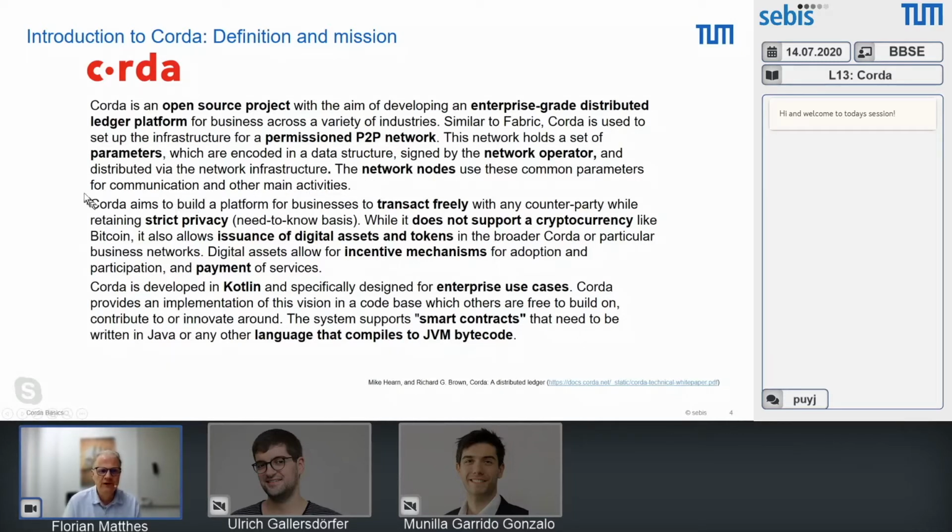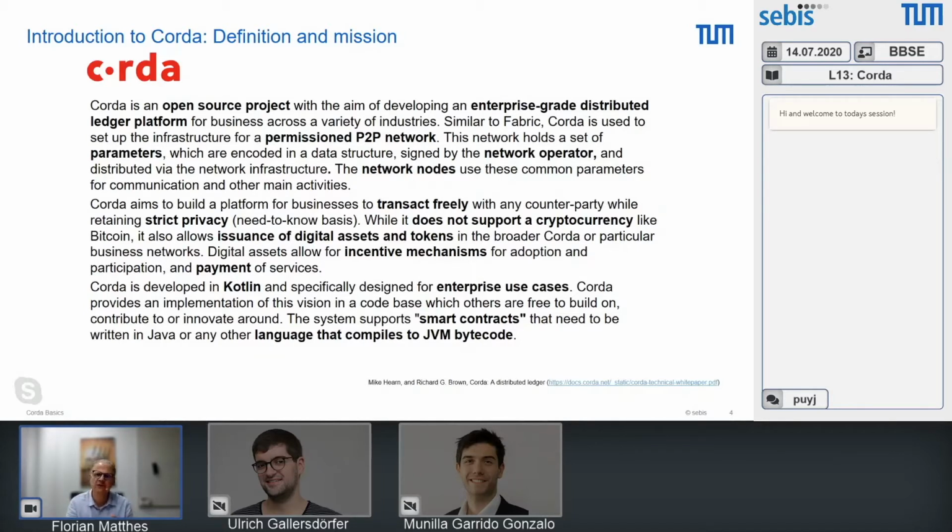Okay, so therefore the idea is now that you want to, let's say the design goals is to allow business to transact freely with any counterparty while retaining strict privacy, so that if you have classical interactions on the web, or let's say on the financial sector, you have two banks, and then they won't talk to each other directly, and they don't want to do this in a centralized database where everybody has access or read and write access.